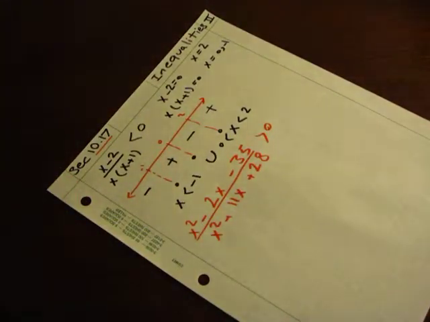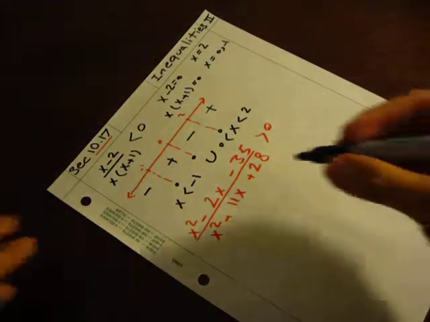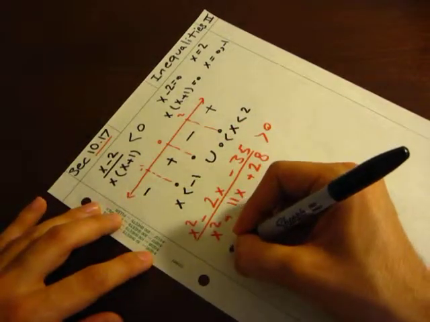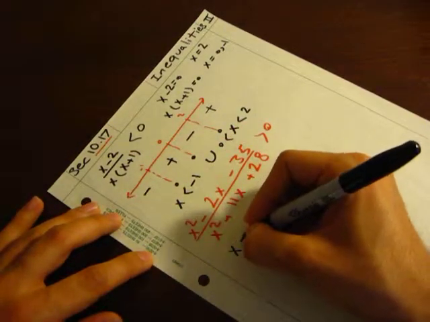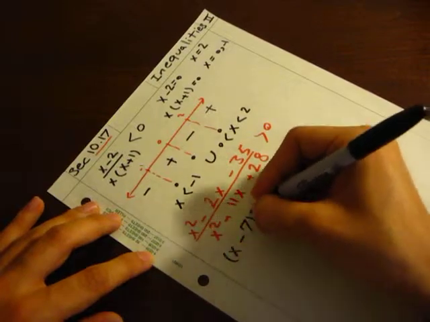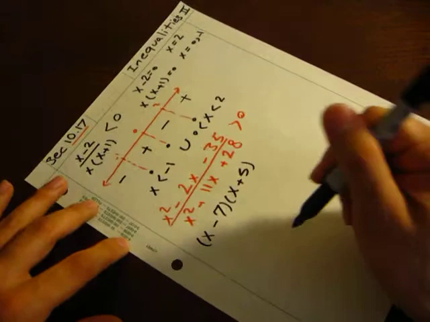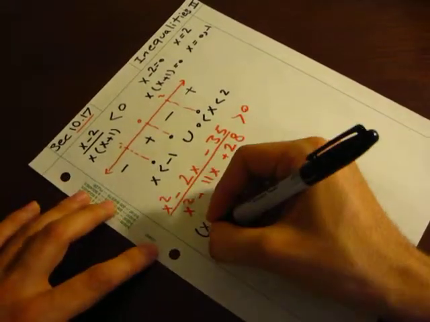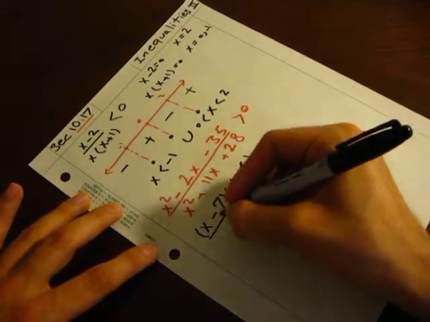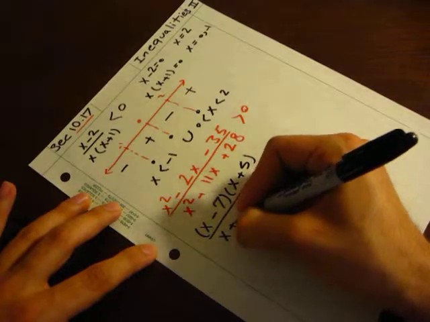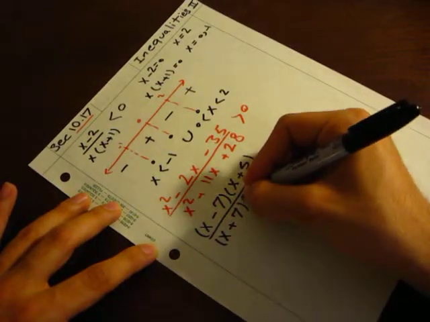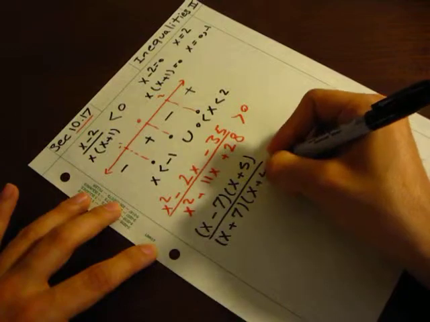So the first thing I need to do is simplify my expression. I can rewrite this as x minus 7 times x plus 5, which is my numerator, divided by x plus 7 times x plus 4.